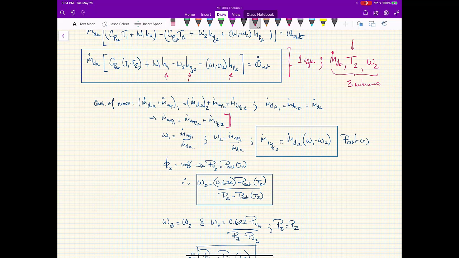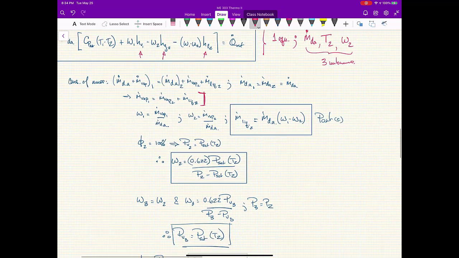Okay. So next, a little massaging with conservation of mass here, which I've already brought in, so we're good. Notice that the humidity ratio at 1 is defined as the mass flow rate of vapor at 1 divided by the mass flow rate of dry air at 1. And the humidity ratio at 2 is the same thing for state 2.